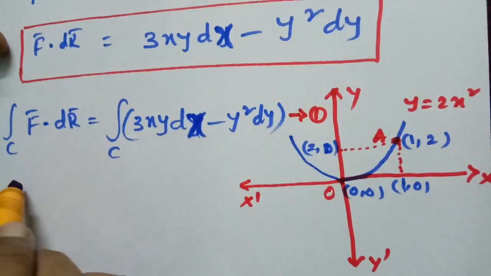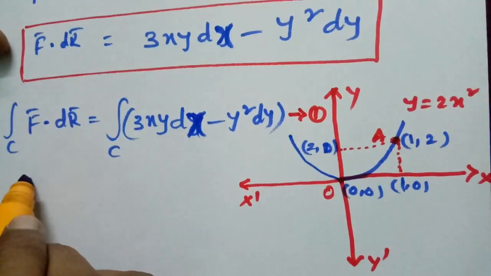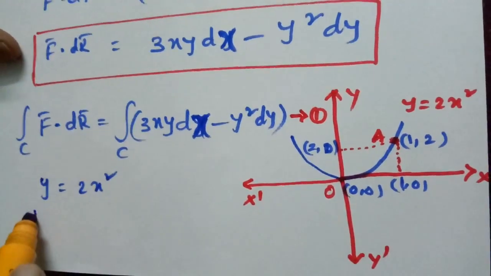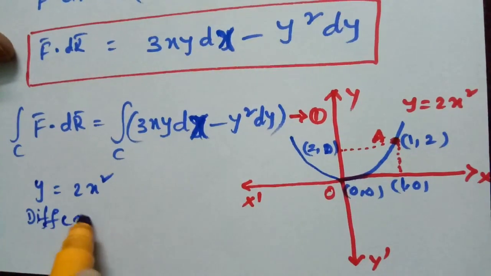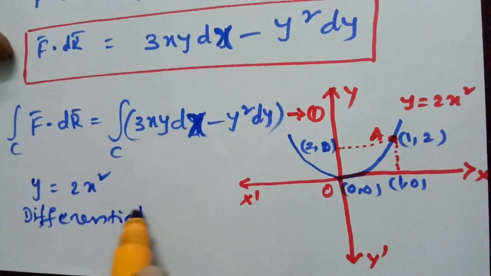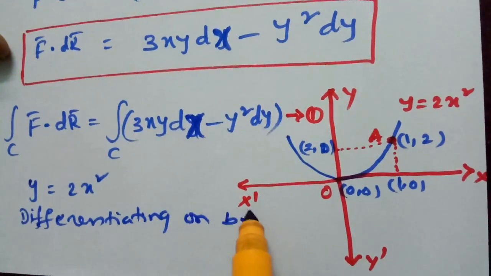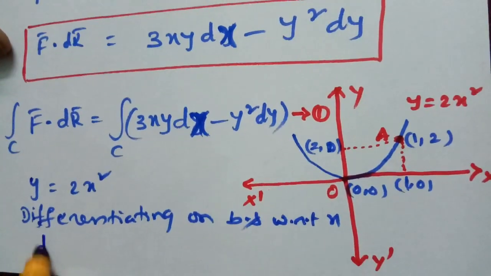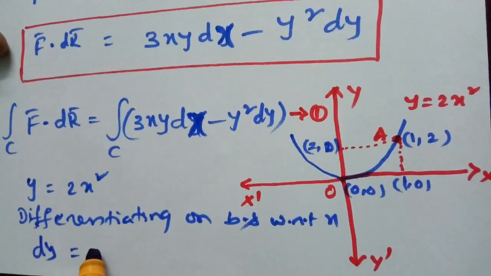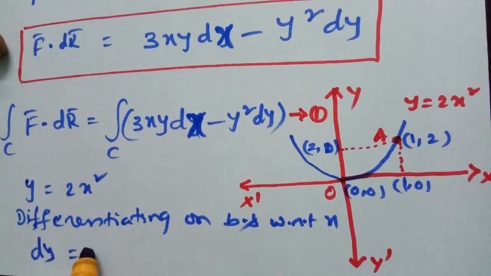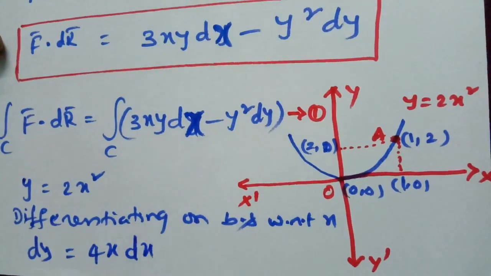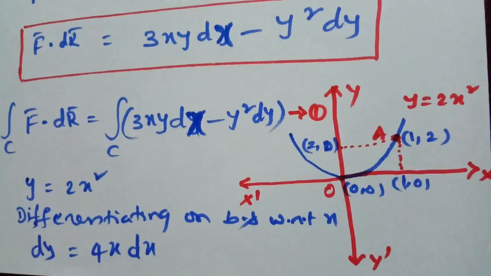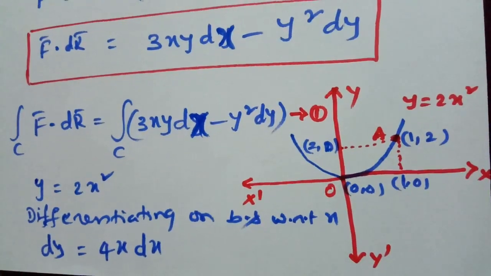Now y is equal to 2x square, differentiating on both sides with respect to x, we get dy is equal to 2 into the derivative of x square, 2x, that is 4x into dx. Therefore, we are transferring y in terms of x.